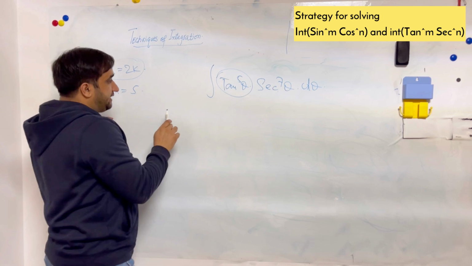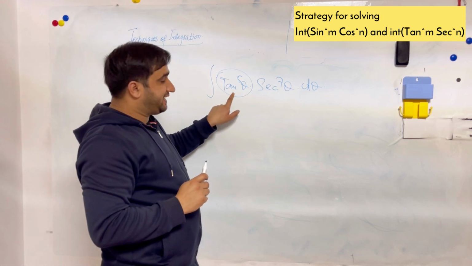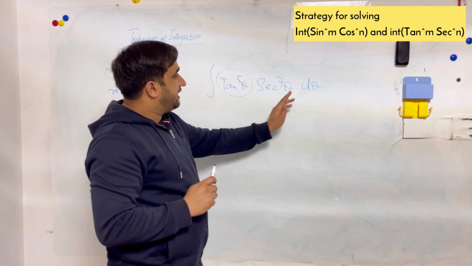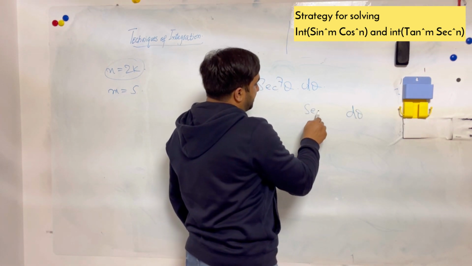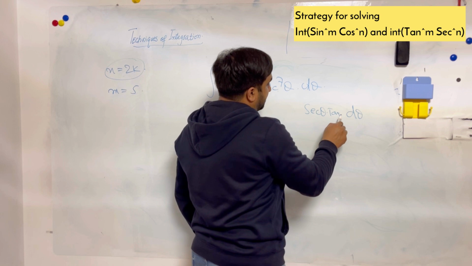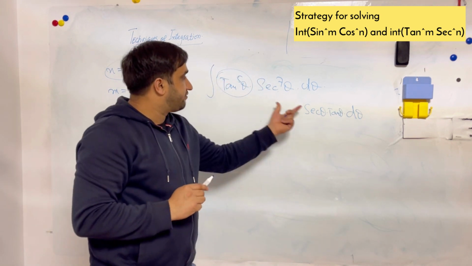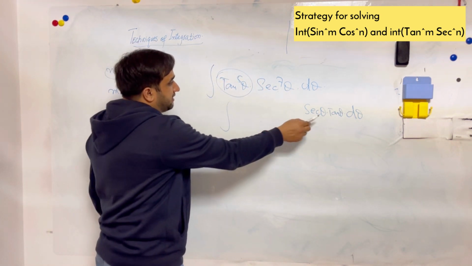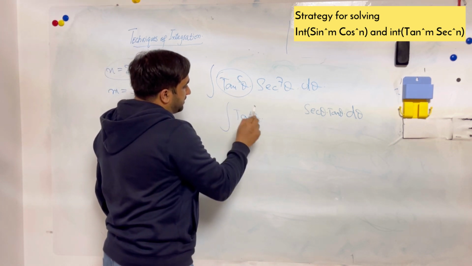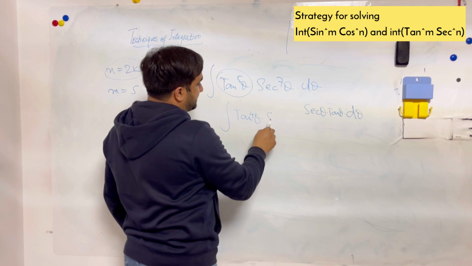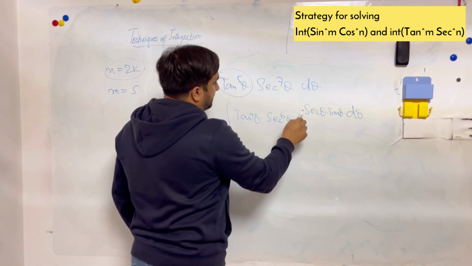So we said pick up one secant and one tan from both of them and keep them with the d theta. So with d theta I have secant theta tan theta, and I pick these two from there. So what is left over? One tan is gone, so it is tan^4, and one secant is gone, so it is secant^6, and this guy.